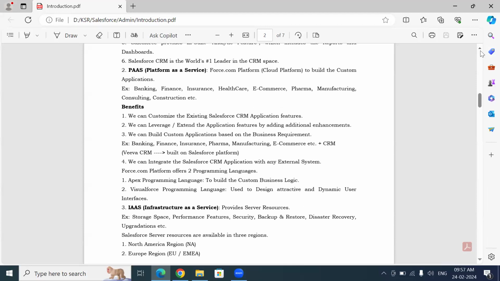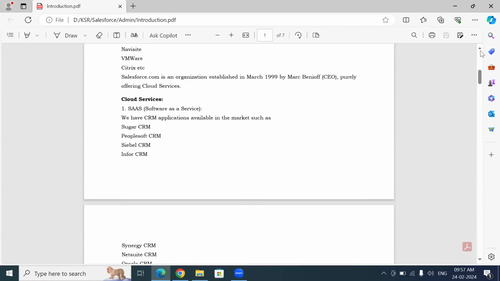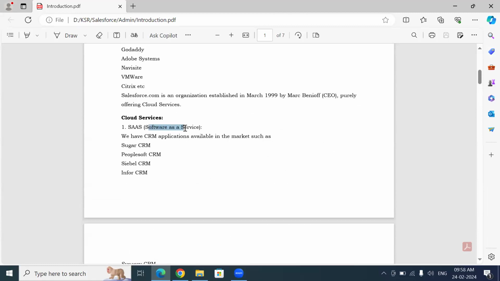As part of software as a service, Salesforce is providing a ready-made CRM application called Salesforce CRM, using which we can automate our business processes. Like we have Sales Cloud, Service Cloud, Marketing Cloud, App Cloud, Health Cloud, Financial Services Cloud. Yesterday, I named some of them. These are the ready-made CRM applications provided by Salesforce.